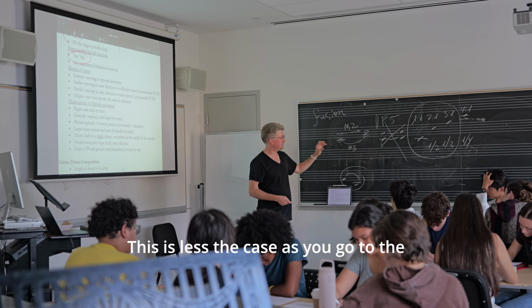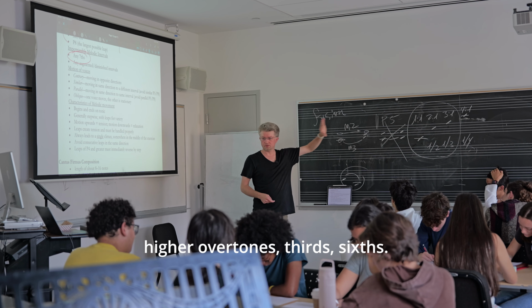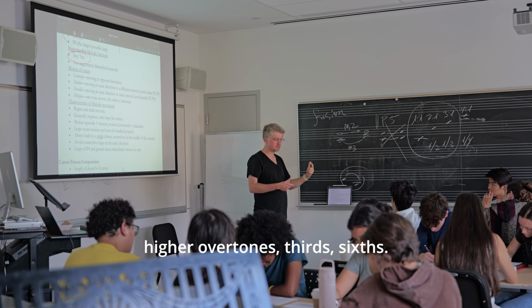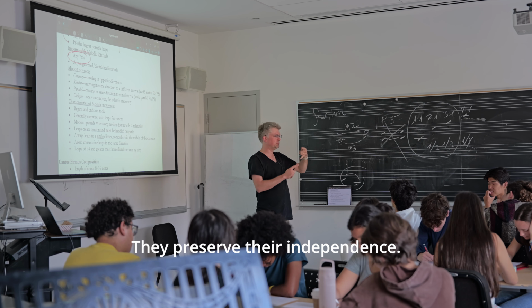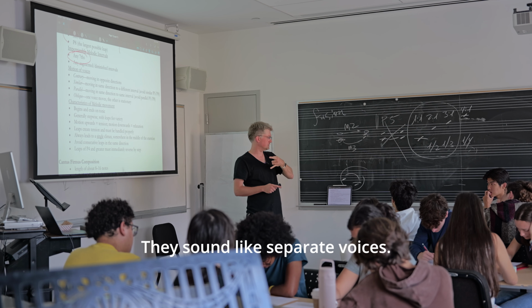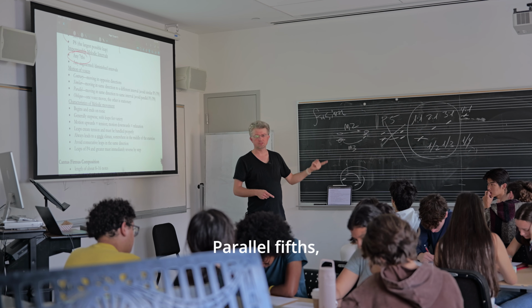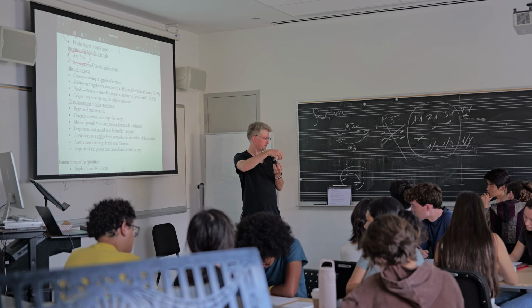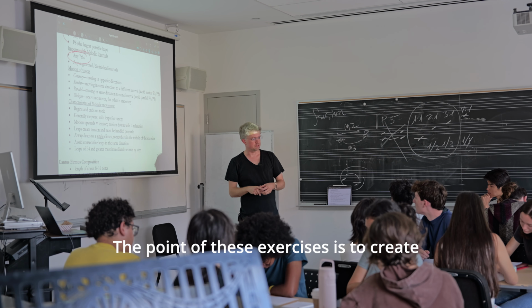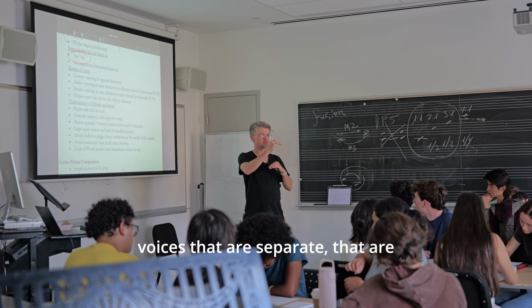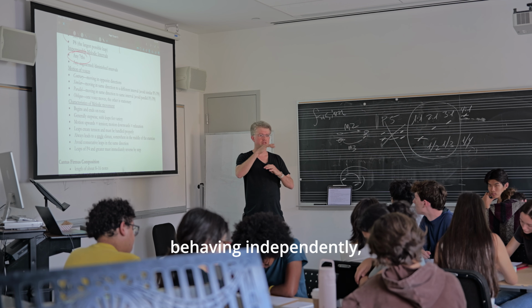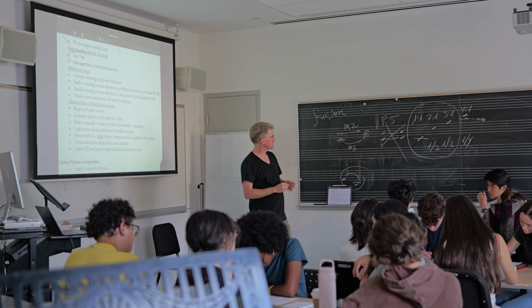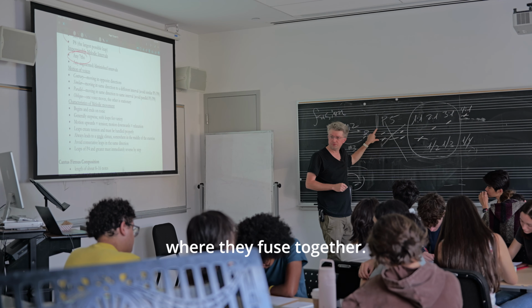This is less the case as you go to the higher overtones, thirds, sixths. They preserve their independence. They sound like separate voices. Parallel fifths, parallel octaves fuse together. The point of these exercises is to create voices that are separate, that are behaving independently. So we never want a moment where they fuse together.